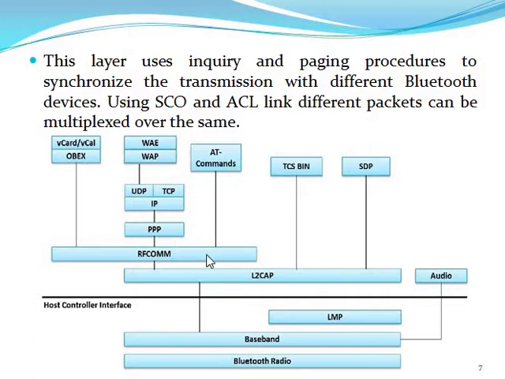This layer is used for inquiry and paging procedures, and to synchronize the transmission between different Bluetooth devices using SCO and ACL links. Different packets can be multiplexed over the same link. So this is the basic diagram of the layers of the Bluetooth protocol stack.